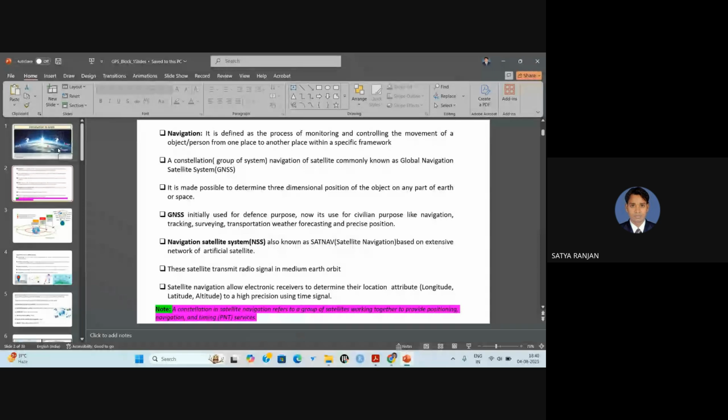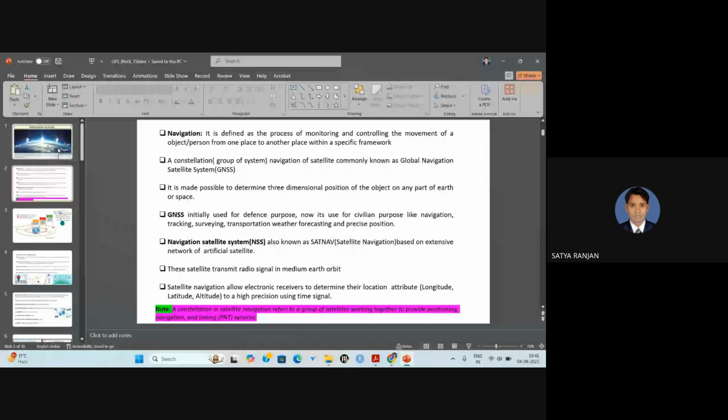So constellation navigation of satellite, commonly known as global navigation system. So generally, constellation means the group of satellites working together to provide positioning. So in GPS system, there is no one GPS satellite which covers all the global coverage.